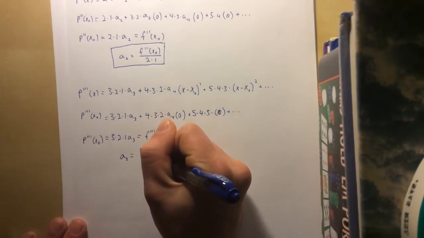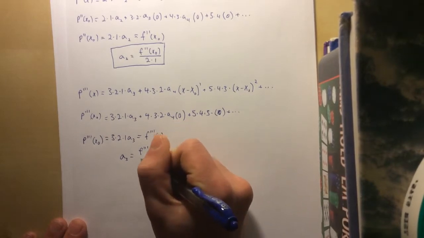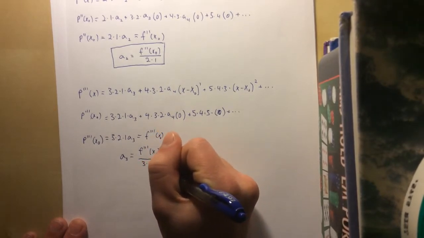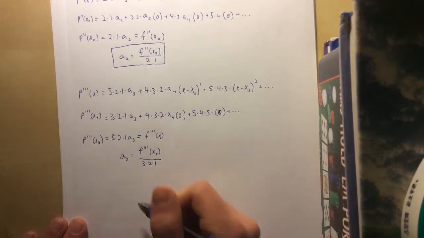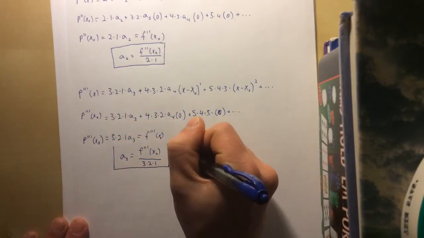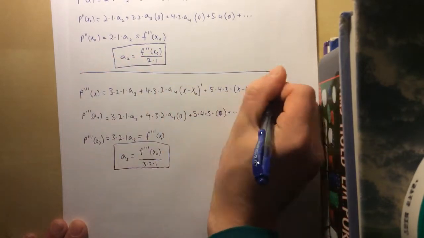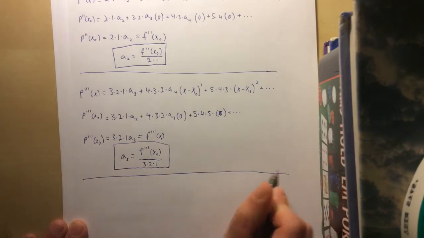So we get f triple prime over 3 times 2 times 1. And I hope by now you guys are seeing this pattern, but just in case, let's do one more derivative.